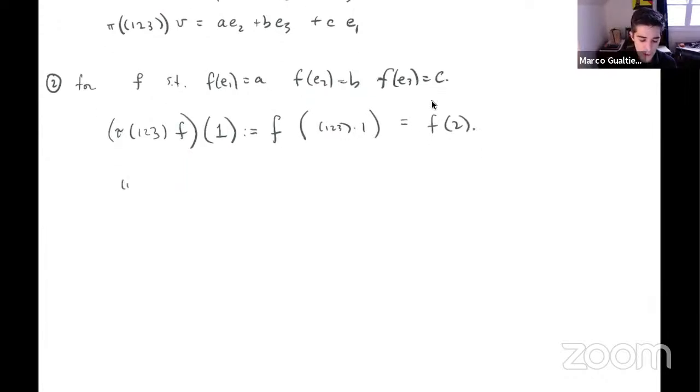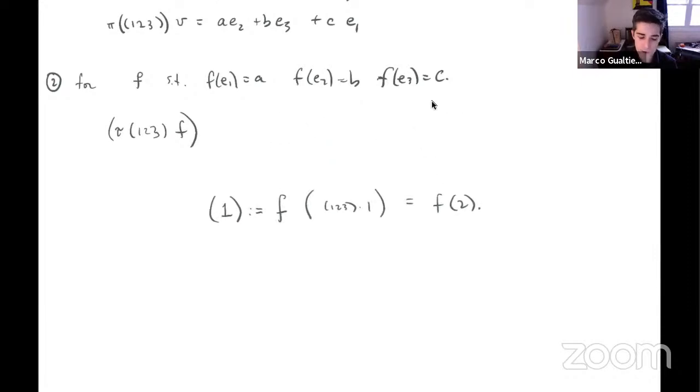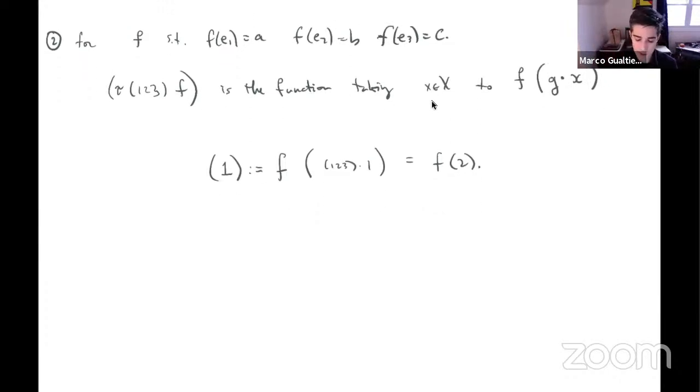In general, let me break this down a little bit more. This is the function taking x in X to f of the group element applied to this point x, because that's going to give you another element which you can then apply the function to.